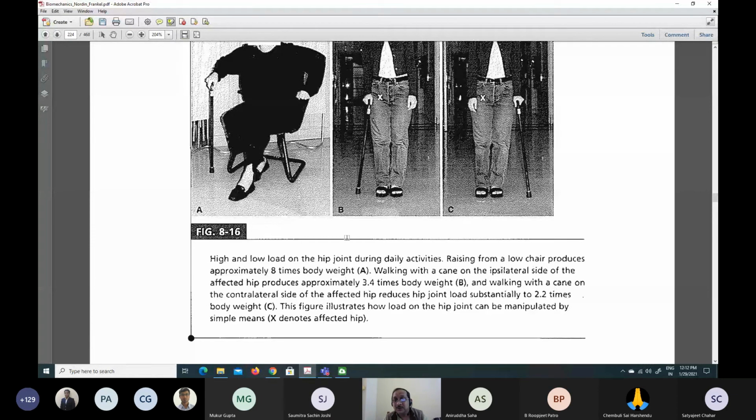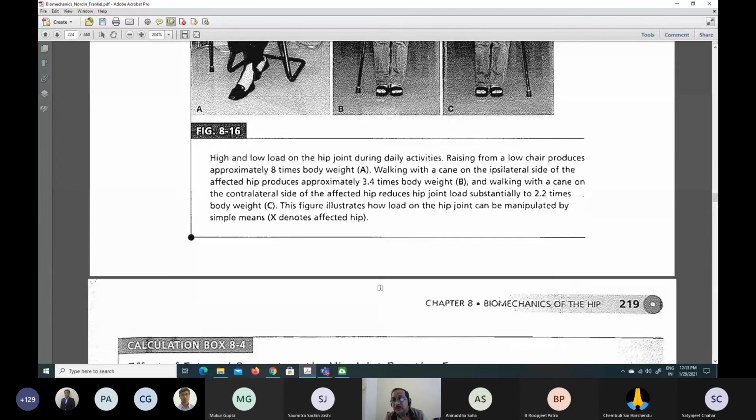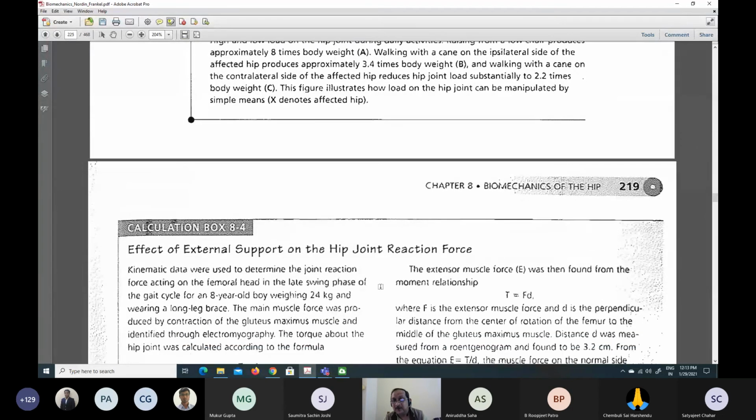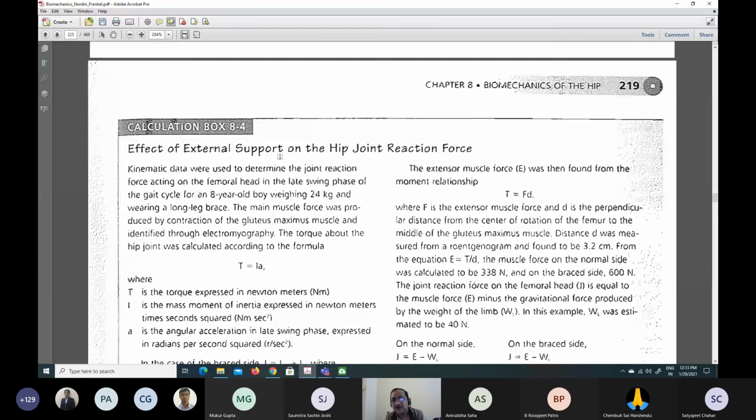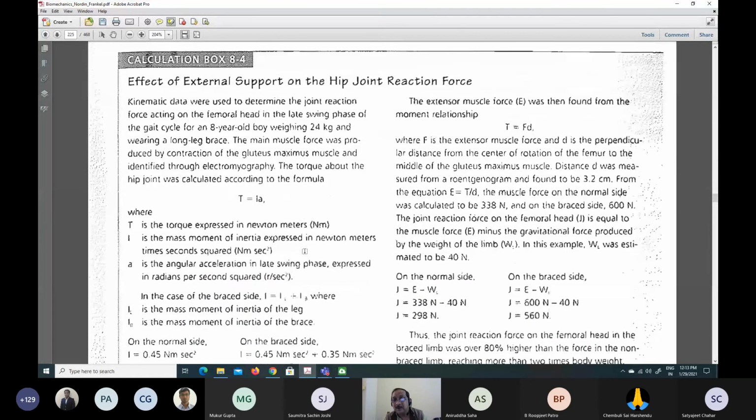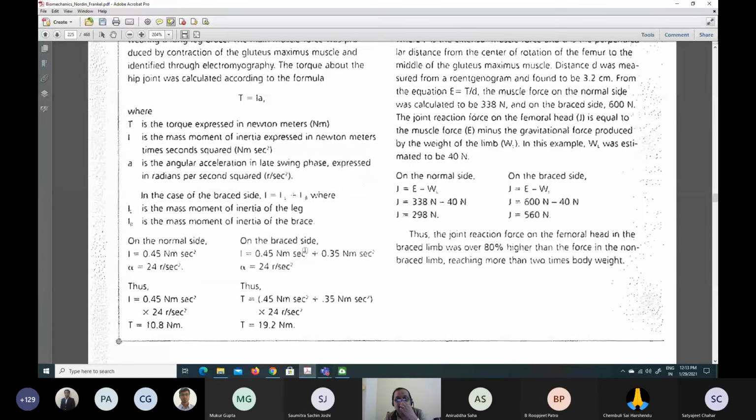This is why people use these aids, particularly when trying to stand up from a sitting position, and maybe also for walking. This aids you when there are problems related to your hip joint. So the effect of external support on the hip joint is shown in a simple calculation.